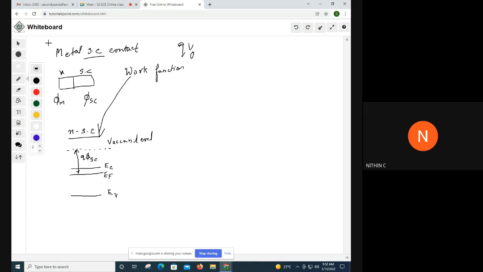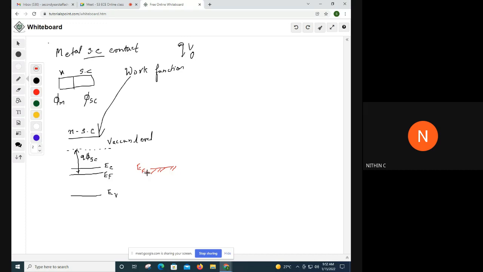In general, you can say that the work function is the energy level difference between the Fermi level and the vacuum level. Is that clear? And if you are asked for the work function of a metal, you will draw it like this. You'll have the EFM over here, that is the Fermi level of the metal.